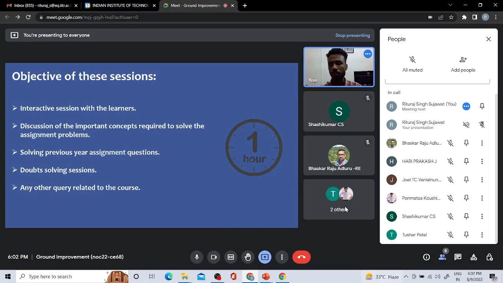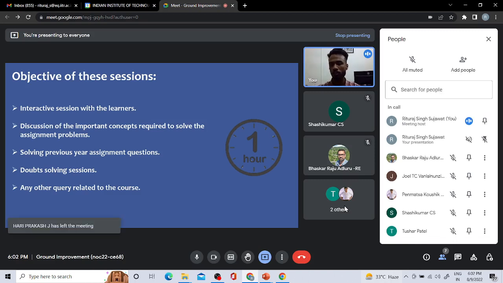The previous week was revolving around compaction techniques for shallow soil, that is, how ground improvement can be done using the compaction method. We'll be having questions regarding that only in today's session. Before that, if anyone has any query or doubt regarding the session, they can ask. Fine then, we'll start with the questions.